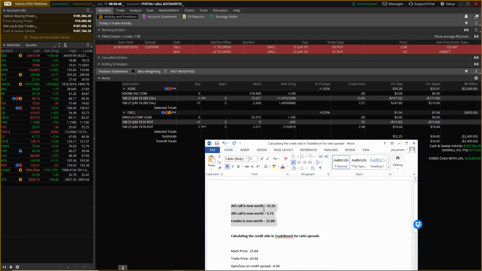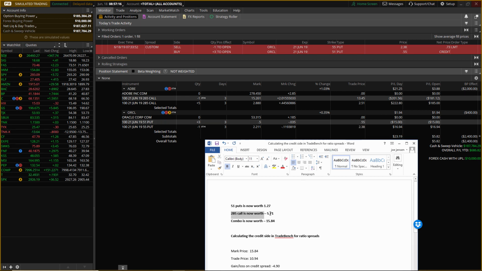There's the Oracle there, so that would make the 51 puts now worth, started at, let's see if I can do this real quick. Okay, 51 puts are worth 55 cents plus another 72. 0.55 plus 0.72 equals, and they're now worth $1.27.